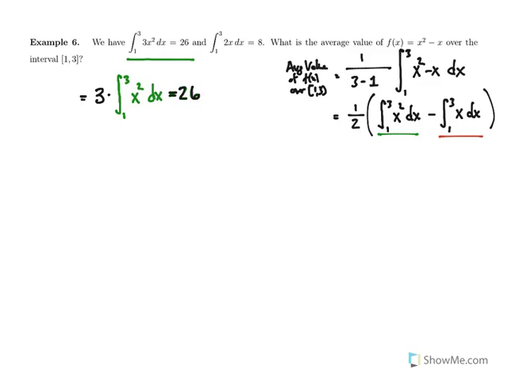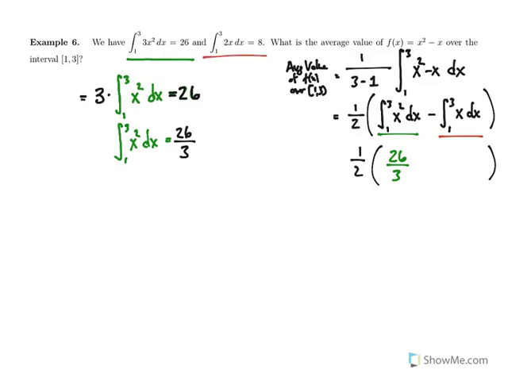And I can write this then as the integral from 1 to 3 of x squared dx is equal to 26 thirds. And I can plug that in here, 26 thirds. Now we're going to multiply everything by 1/2.